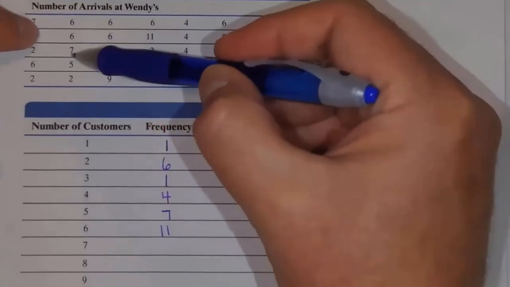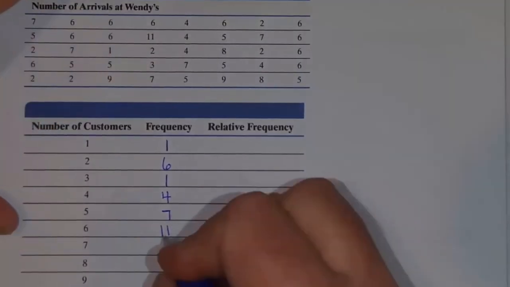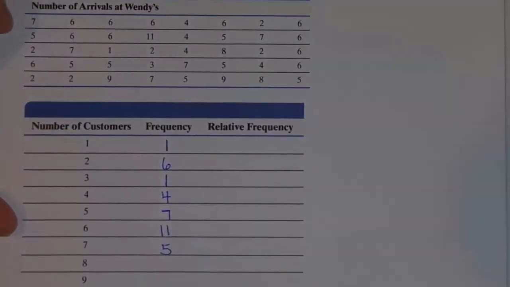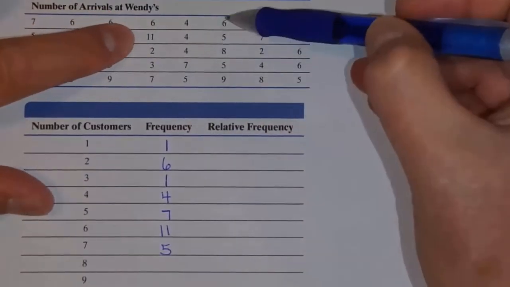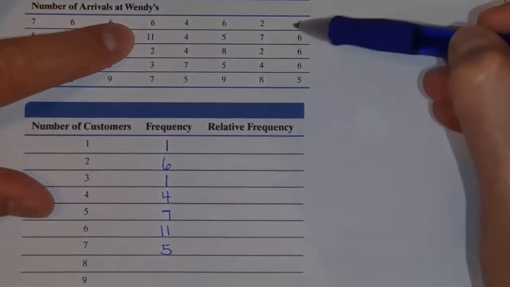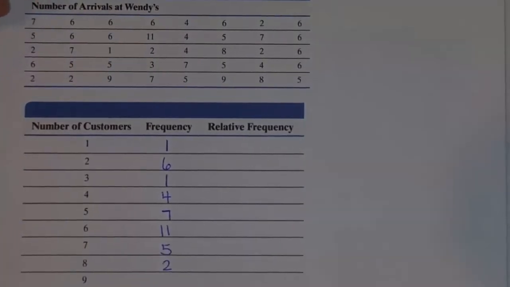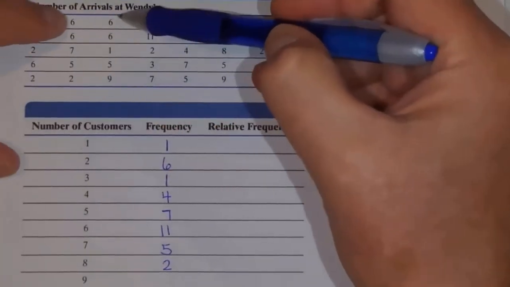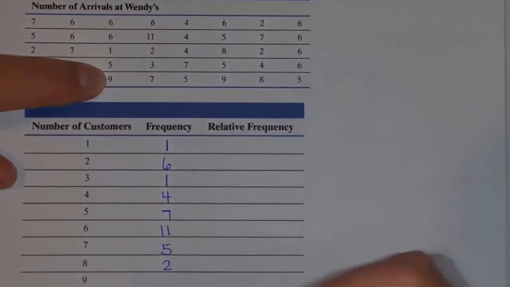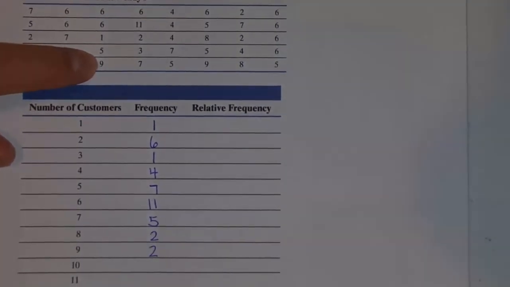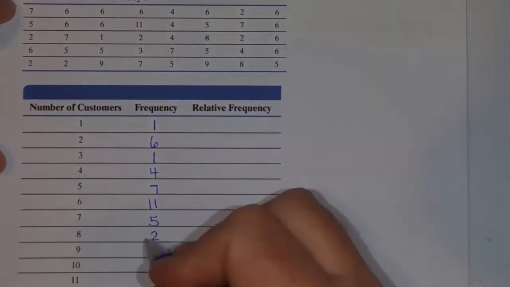7, we have 1, 2, 3, 4, 5. So 5 different times we had 7 customers. 8, there's once, twice, and that's all I see. 9 customers, 1, 2, so it looks like 2 again. 10 customers, that never happened.